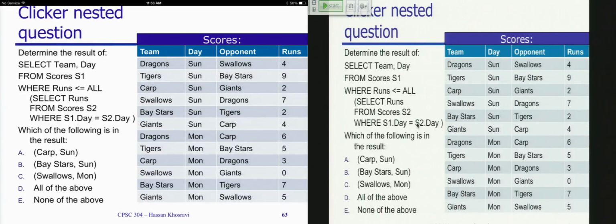So all the runs for Sunday, I'm going to get 4, I'm going to get 9, I'm going to get 2, I'm going to get 7, and I'm going to get another 2, and one more 4, and one more 4.